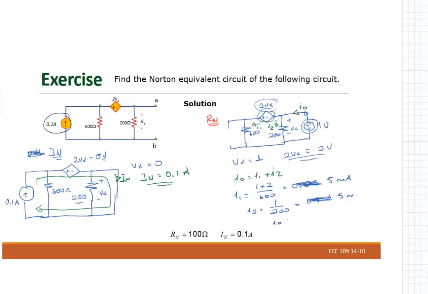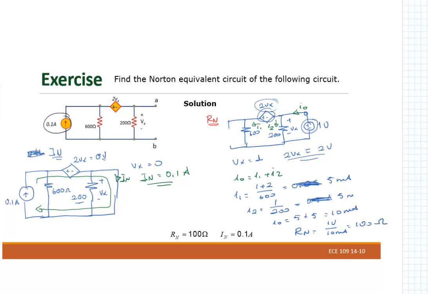So I0 will be equal to 5 plus 5, which is 10 milliampere. So RN will be equal to 1 volt divided by 10 milliampere, which is 100 ohms.